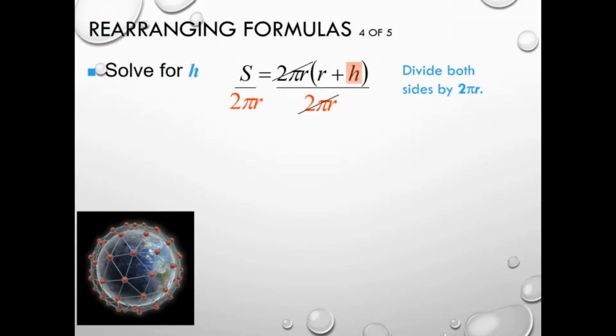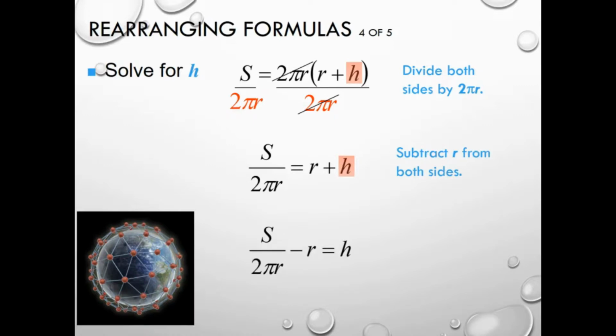And because we don't know values of these variables, we'll just leave it as s over the quantity 2 pi r. To solve for h, we need to undo the addition of an r. The opposite of addition is subtraction. Subtracting an r from each side results in the following solution for the value of h.